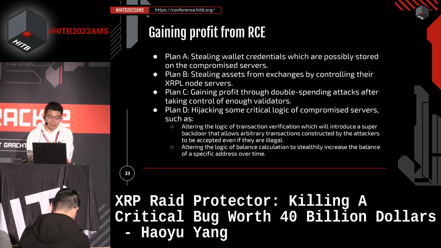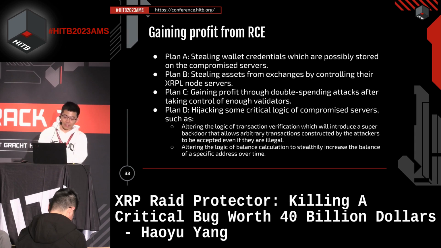And altering the logic of balance calculation to steadily increase the balance of a specific address over time. Okay, and that's all the ideas. Be sure to take precautions if you own a server, or run an exchange, or you build blockchains.